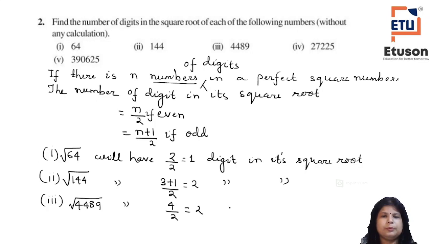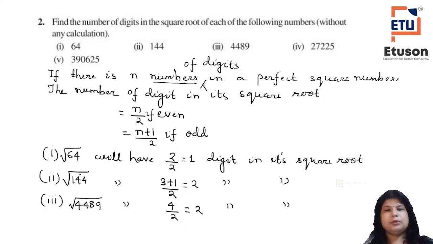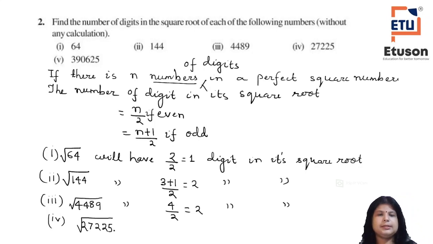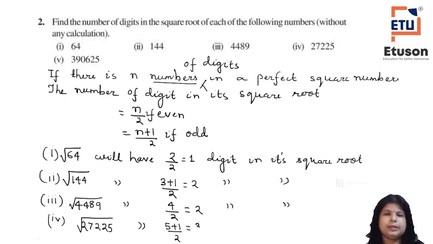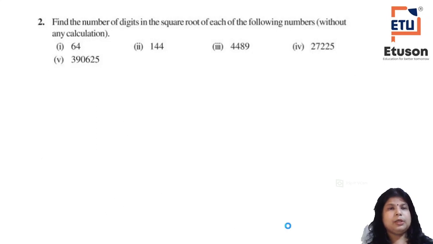So there will be 2 digits in its square root. Correct? Now the next number is 27225. Now how many digits are there in this? There are 1, 2, 3, 4, 5. So 5 plus 1 divided by 2, that is there will be 3 digits in its square root.